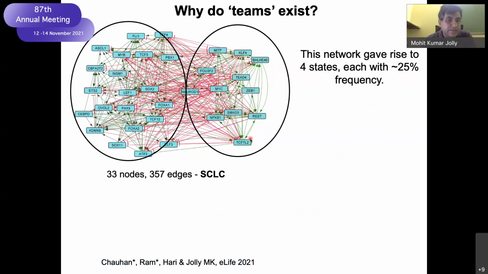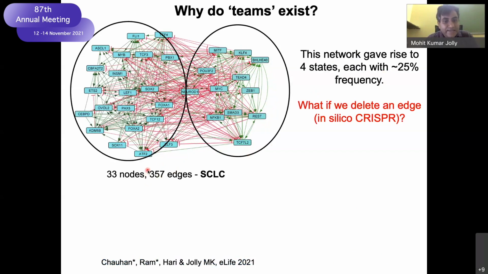Then the question begins: why do teams exist? Teams exist, we have seen them in multiple phenomena. This very large network, which I was talking to you about, gives rise to predominantly only 4 states, which was very, very surprising to us. So then we did an in silico CRISPR kind of experiment where you would delete one edge at a time. We would do this 357 times, and each time we would collect the data.